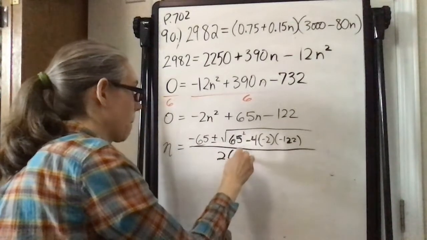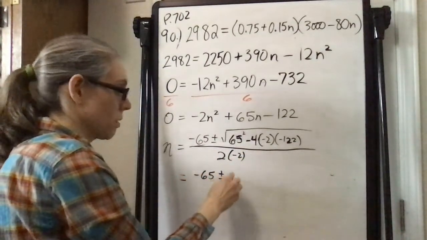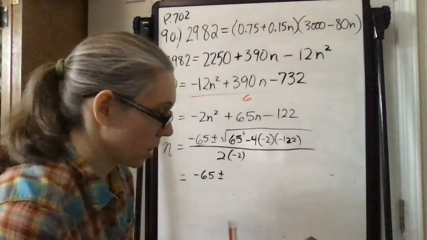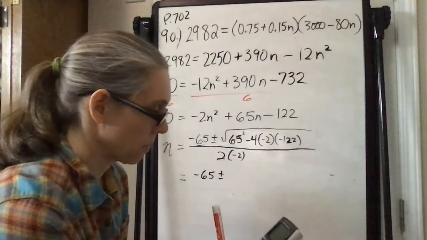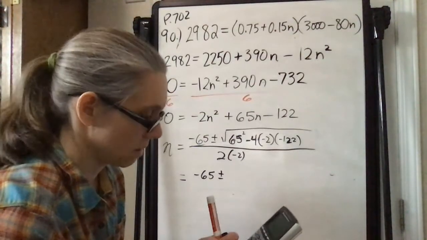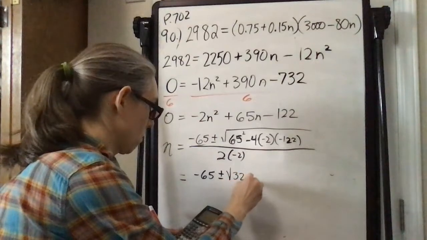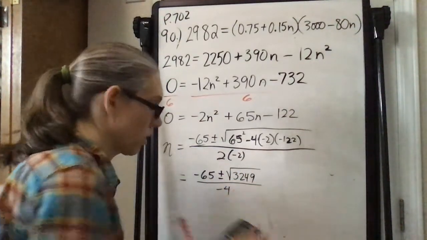All over 2a. This simplifies to negative 65 plus or minus... Alright, let's see what this is. 65 squared plus, nope, that would be minus 8 times 122, over negative 4.